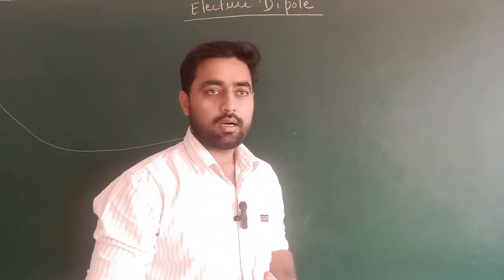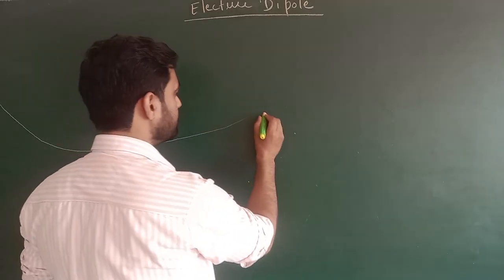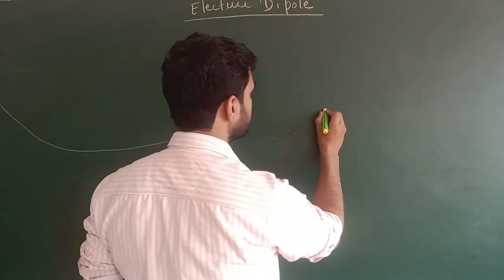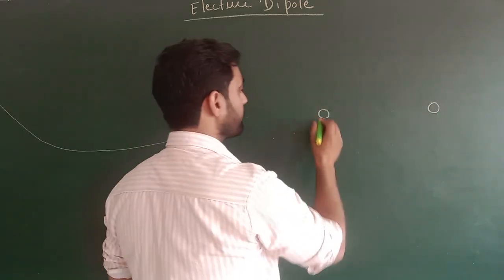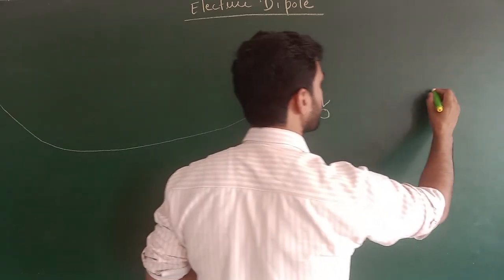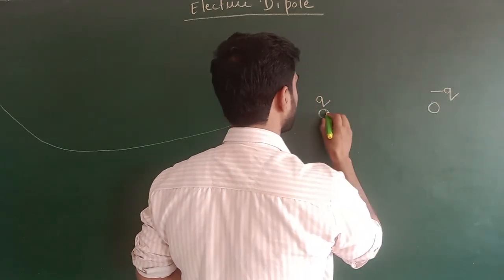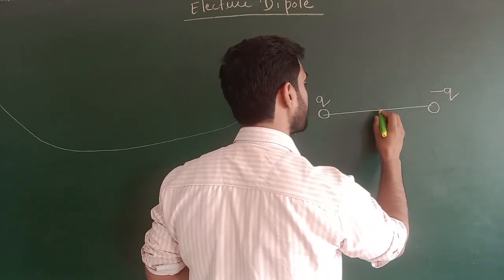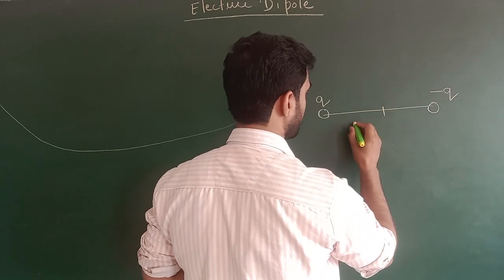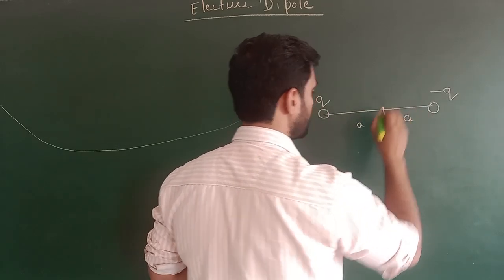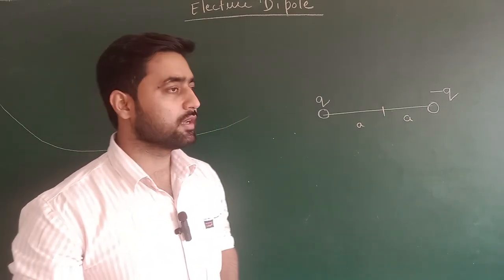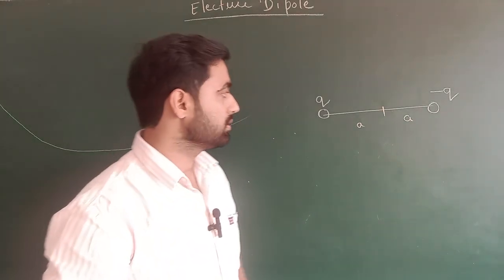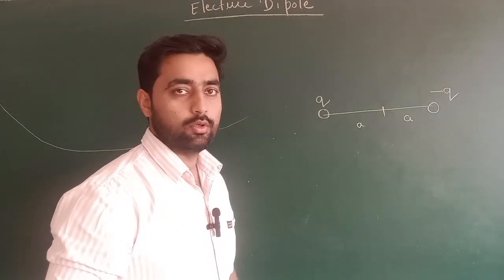Let me draw a dipole. A dipole of plus and minus Q charges, and distance between them is 2a.